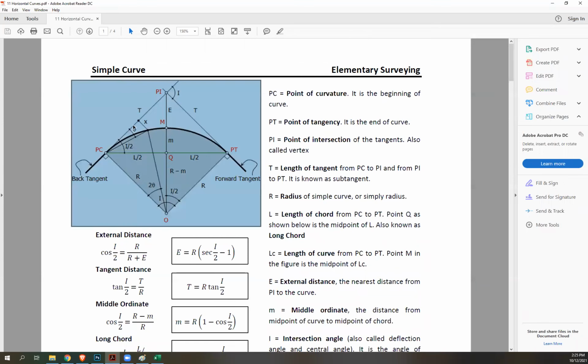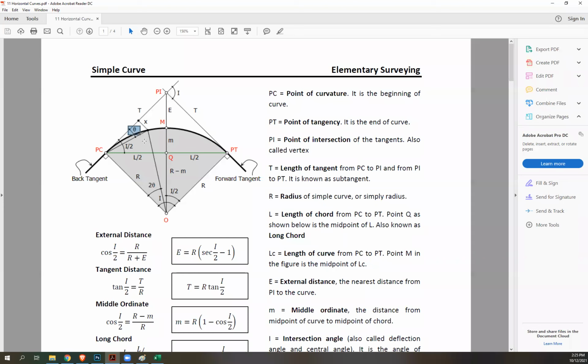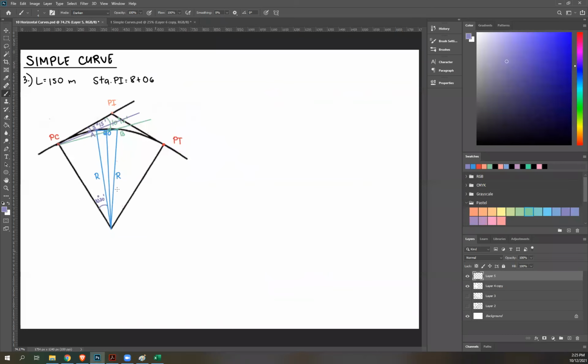This is your deflection angle theta to this point. If I draw the radius from that point to your center, this angle is 2 theta. This is theta, this is 2 theta. That's one property your simple curve has, so we can use that to our advantage.